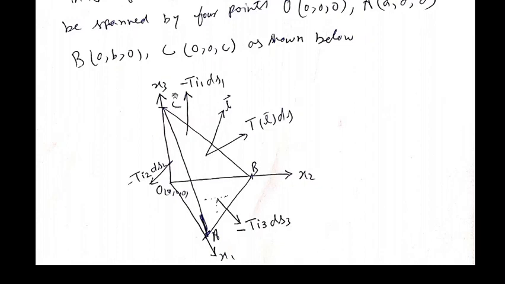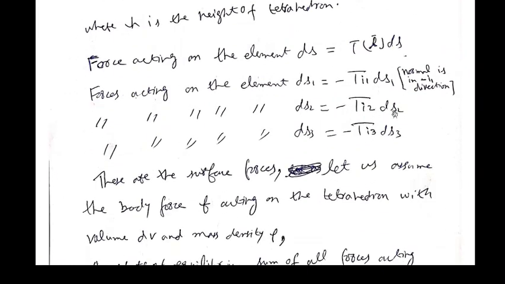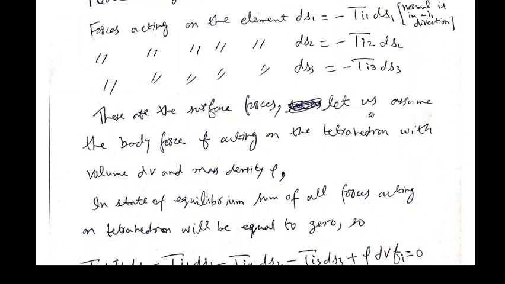This face is lying in the x2 x3 plane, and its normal is in the minus x1 direction. That is why here we have minus, like minus t_i2 dS2. If we have the plus x1 direction, the normal is plus, so it would be t_i1 dS1, no minus. These are all the surface forces.